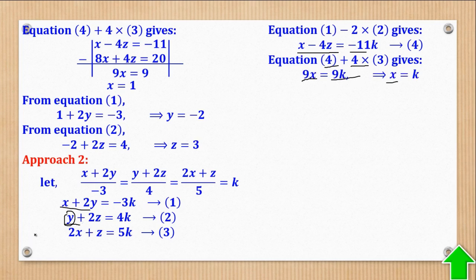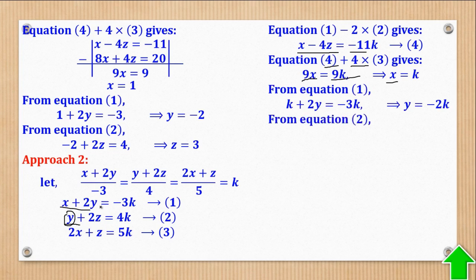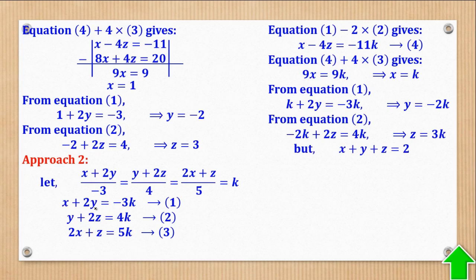After getting x equal to k, I'll come back to equation 1 and substitute for x, then get the value of y in terms of k. Then come to equation 2, substitute for y to get z in terms of k. Then I remember my second equation given in the question, x plus y plus z equal to 2. Then I'll substitute for x, y, and z.